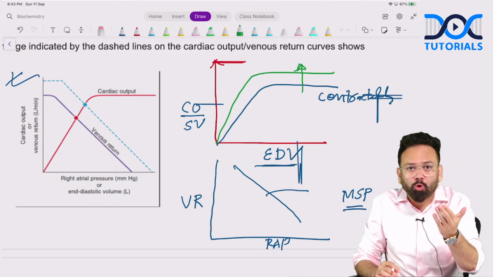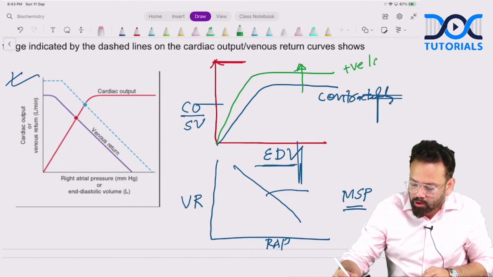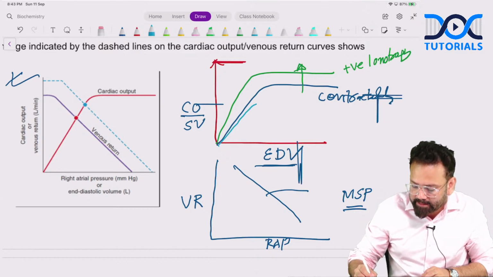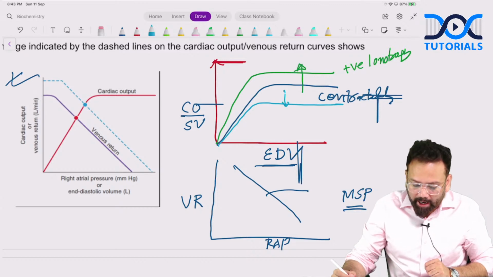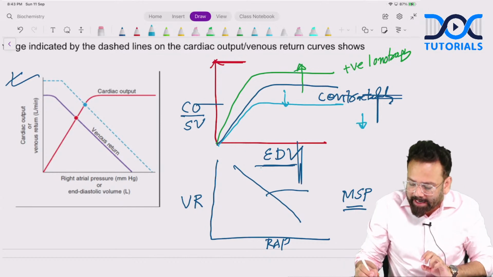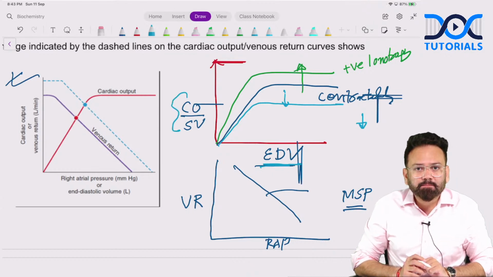Contractility is more. So it is called positive inotropy, or increased contractility. If this curve is like this, what is this? It is negative inotropy or decreased contractility. So, if you plot the curve between end diastolic volume and cardiac output, it will be like this.